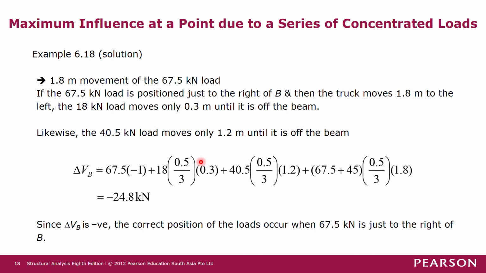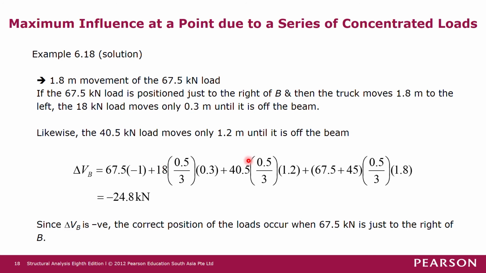So the movement of the 18 kilonewton force is only 0.3 meter, multiplied by the slope of the function, we get the change in the ordinate, and the change in the ordinate multiplied by the force gives the change in shear force.